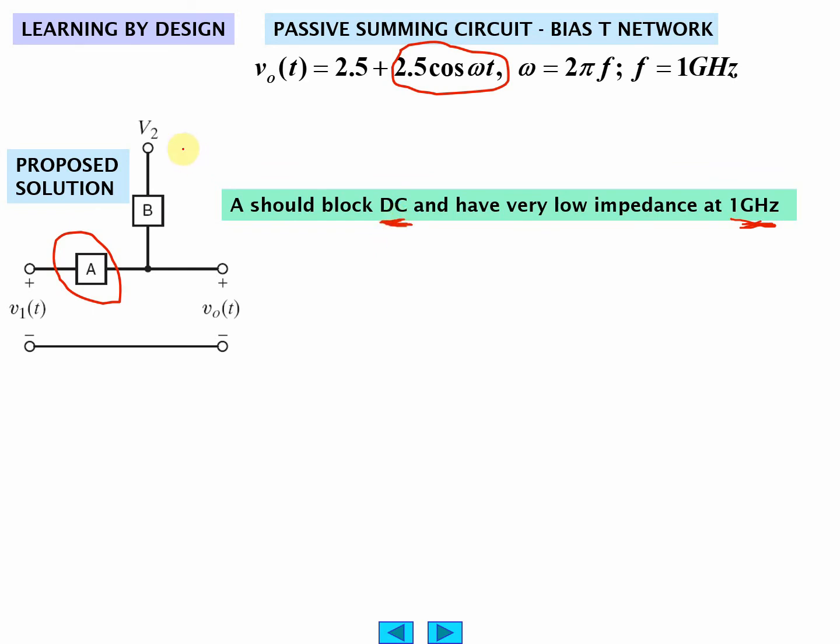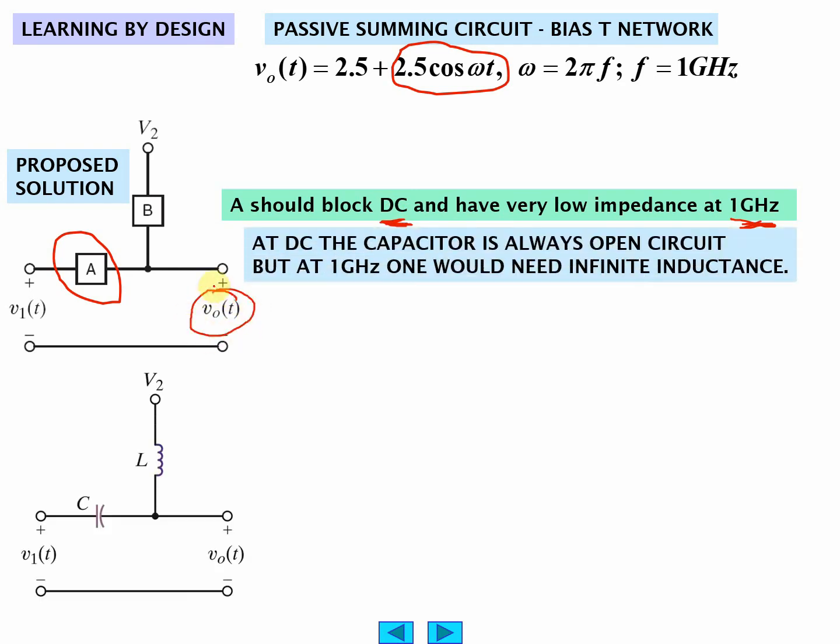So all we have coming out is an AC signal. A capacitor blocks the DC. Infinite inductance would be an open circuit, j omega L, essentially Z equals infinity.